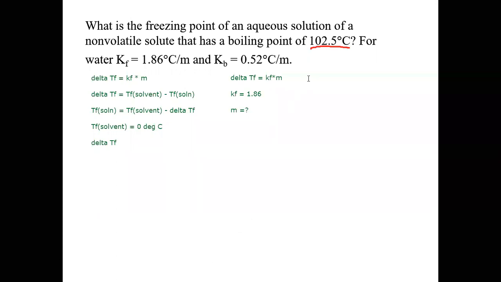So again, molality equals delta TB divided by KB. We know KB is 0.52. We know that delta TB is the boiling point of the solution minus the boiling point of the pure solvent. And since we're dealing with water, we know that is 100. So delta TB equals 2.5.